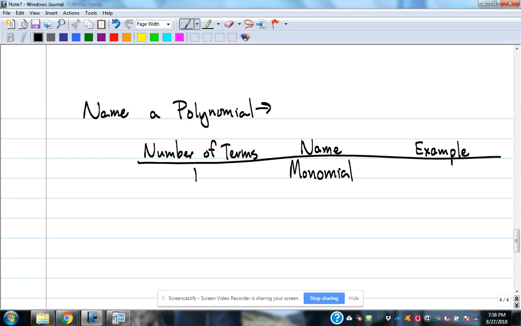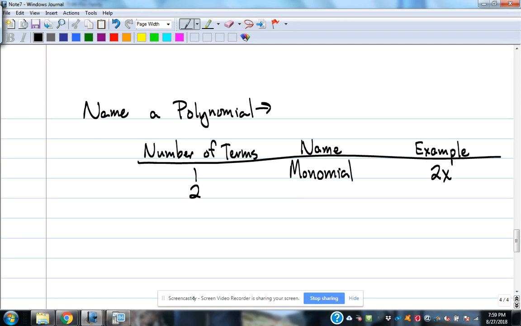An example of that, a monomial would be 2x, one term. It doesn't have any addition or subtraction in it. Okay? Technically, just the number 2 is a monomial. We just usually call it the number 2. But if you put that x on there, then that's a monomial. Well, 2 was a monomial too because it didn't have anything going on with it.